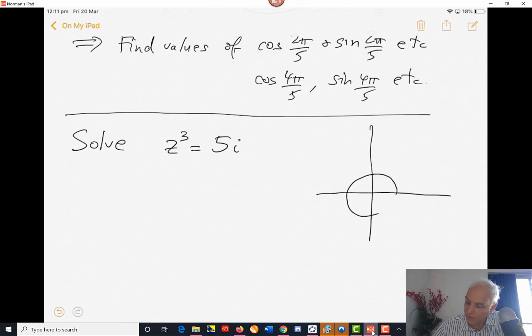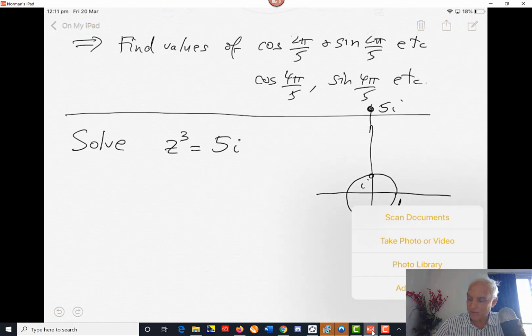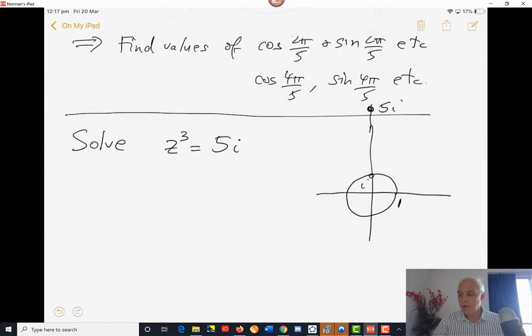Here's our unit circle, 1, i, and up here somewhere is 5i. Now we want to find complex numbers whose cube is this point 5i. So we're looking for a point z whose cube is equal to this 5i up here, but we're no longer on the unit circle, so we have to be a little bit more general.